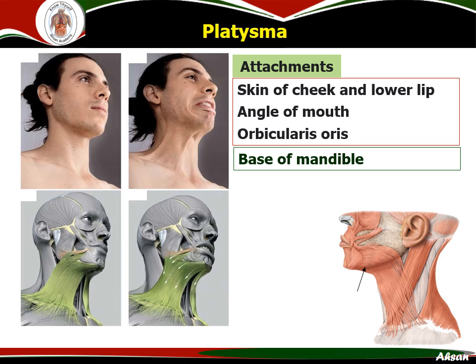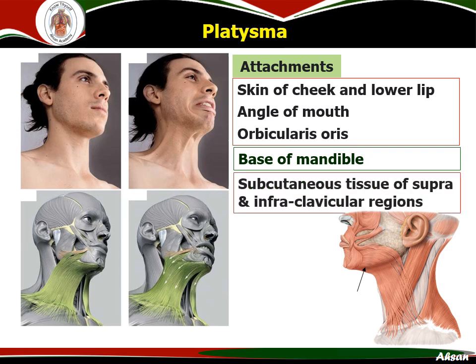This is the orbicularis oris. So this is fused with that, so contraction can corrugate the skin of the face. Below it is going down, and it is attached to the skin of the supraclavicular as well as infraclavicular region. So this can corrugate even the skin of the chest, the anterior wall of the chest.